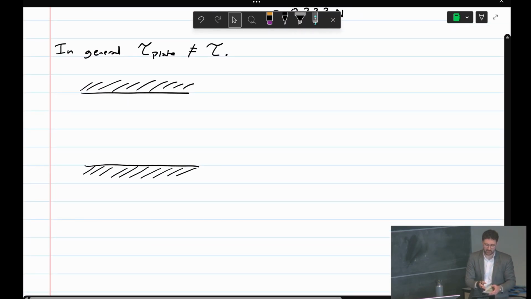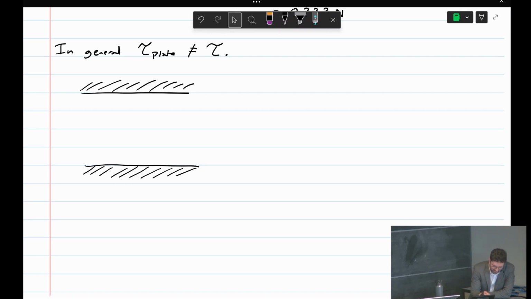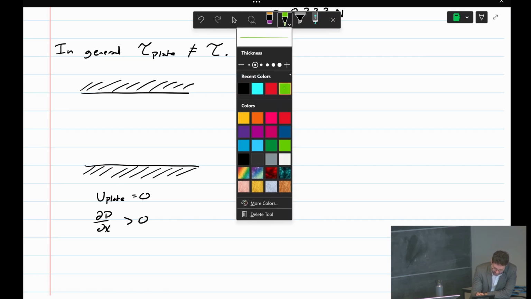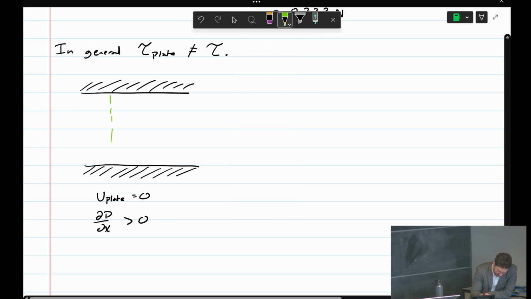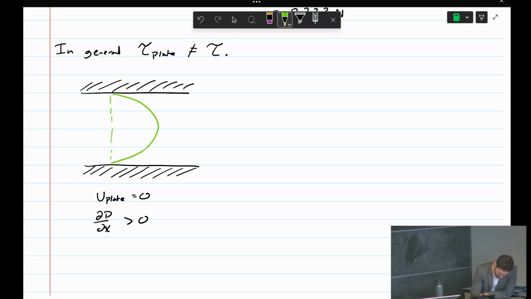Let's consider the case where we have two fixed walls, and we apply a pressure gradient. This is a special case where U plate is 0 and partial P by partial X is greater than 0. In this case, you'll derive this profile in fluids too. We actually get a parabolic velocity profile.